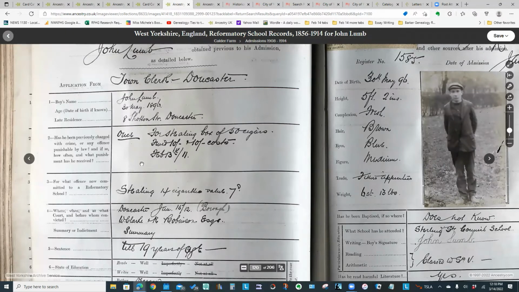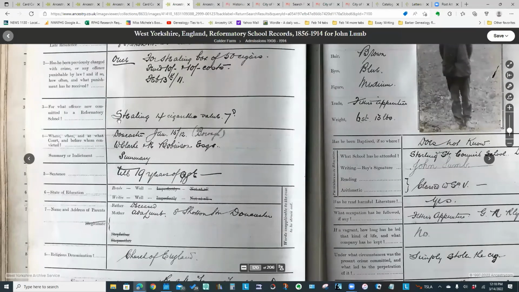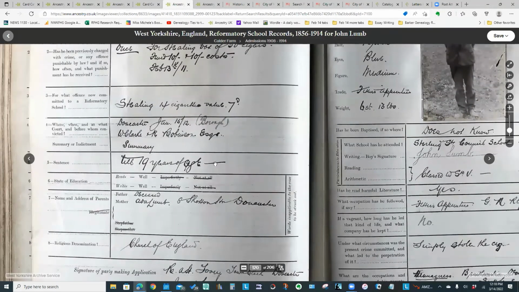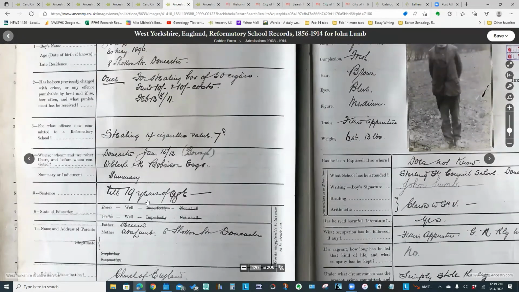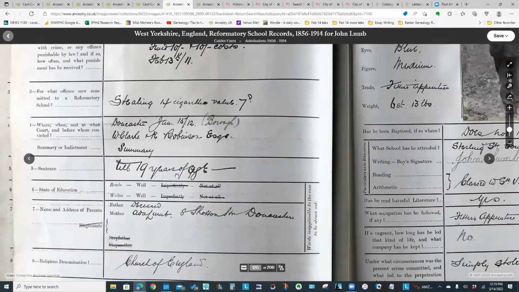So you get any history of criminal activity. So my John Lum, his offense was stealing 14 cigarettes. It says the court information where he was charged and the date. And it says his sentence. He has been sentenced to be at the reform school till he's 19 years old.